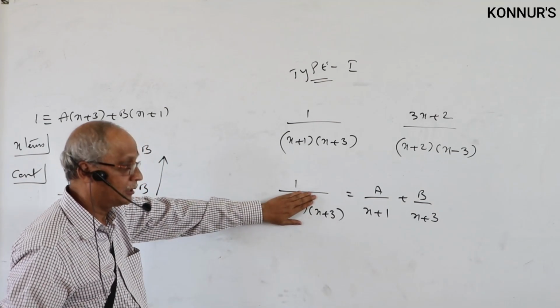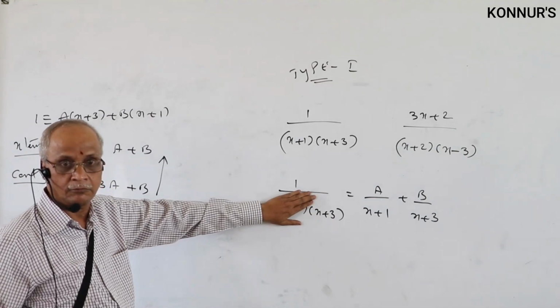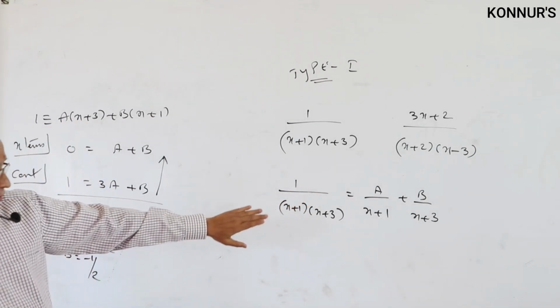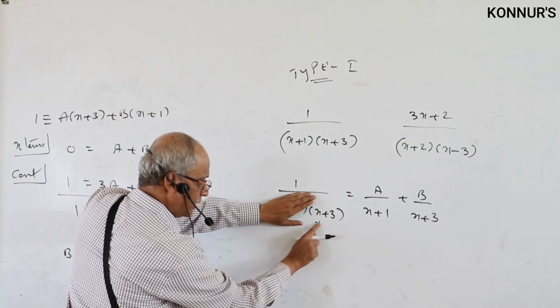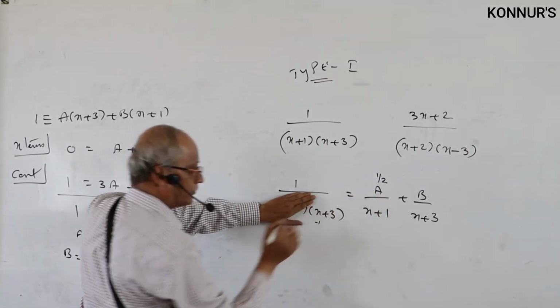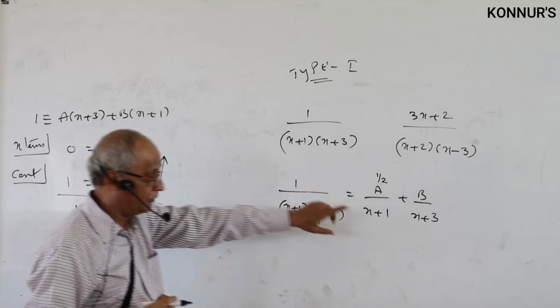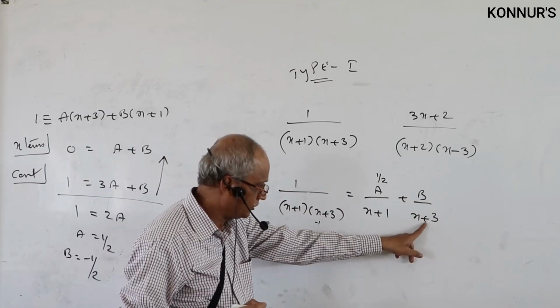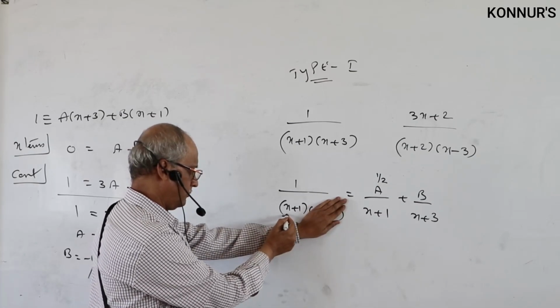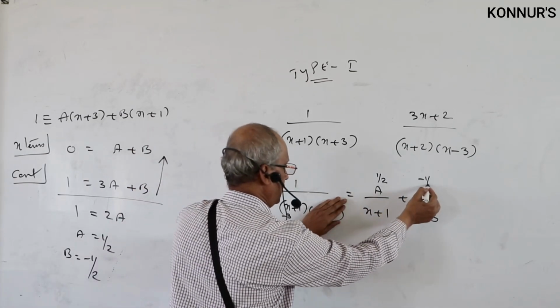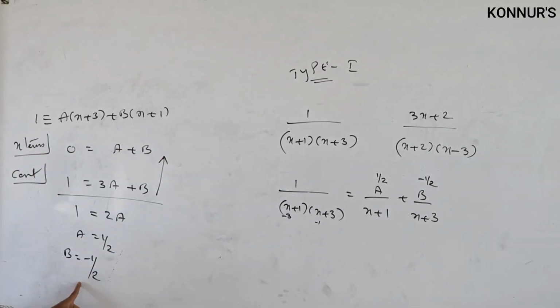Except that factor, write down minus 1 in the rest. What is the value? If you want b, when x plus 3 is 0, x is minus 3. Except this factor, write down minus 3 here. Minus 1 by 2. This is the answer.